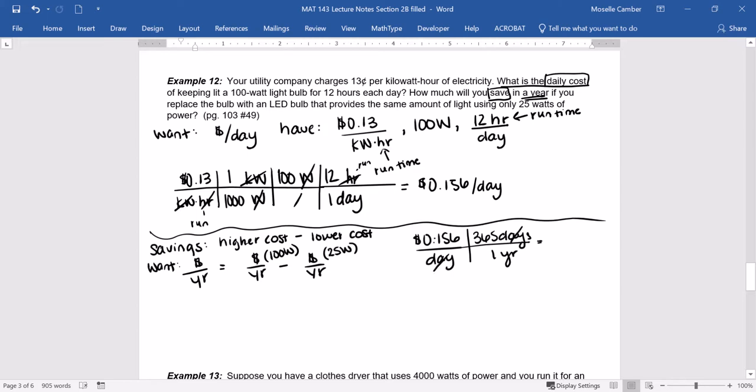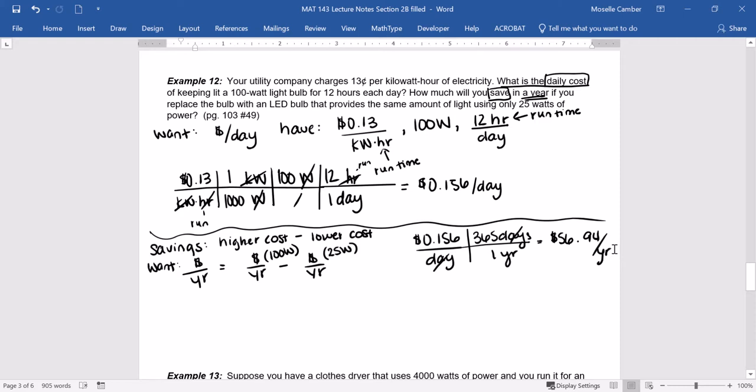So days cancel, so I have 0.156 times 365, and I get $56.94 per year. So that light bulb is going to cost me $56.94 per year.